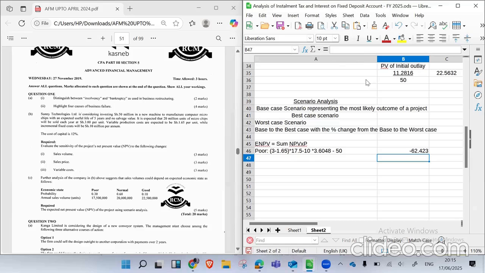Yes. If it has confused us, tell us using your calculator. 3 minus 1.65 minus 10. It looks wrong. Please don't lie to us. Just confirm.